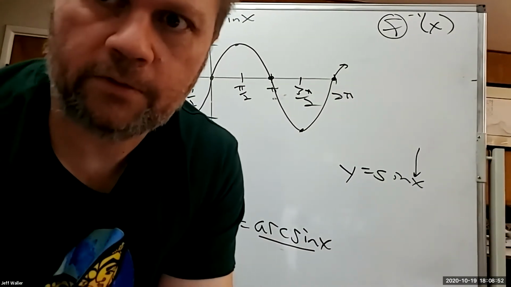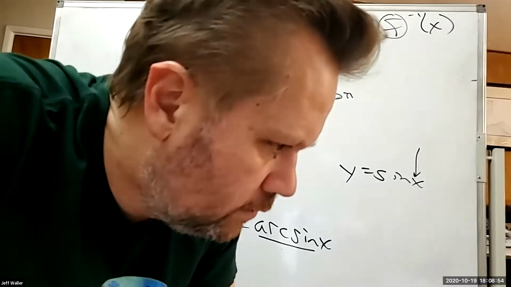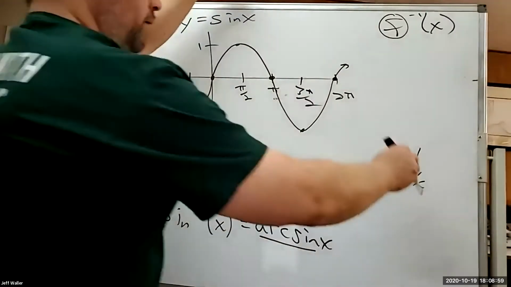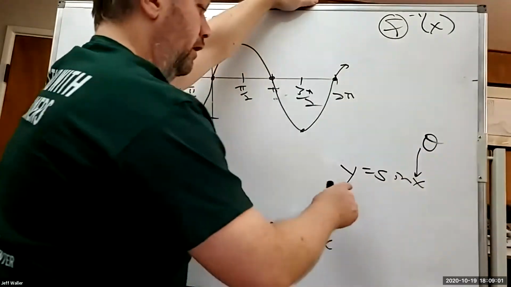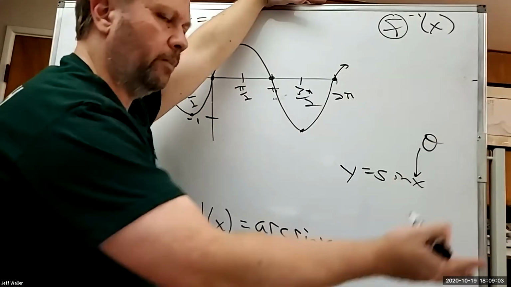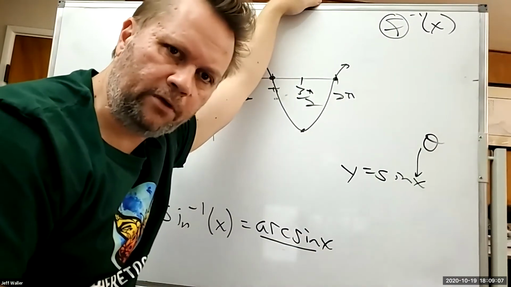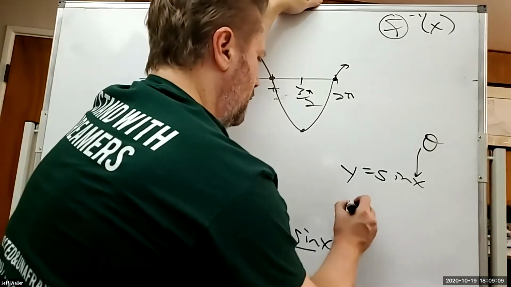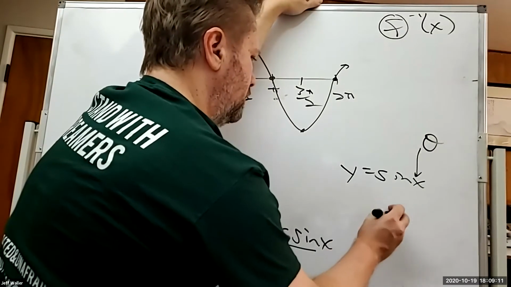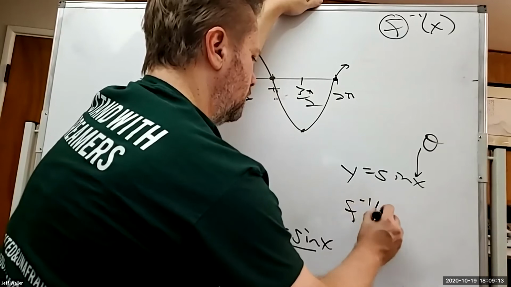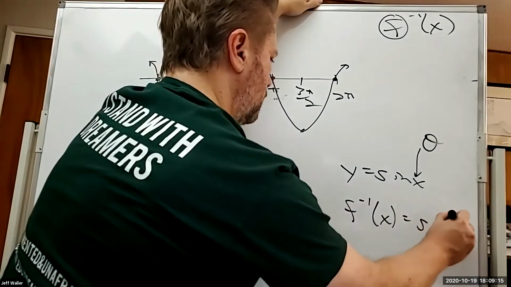Anybody? Geometrically, what's x? The angle. Yeah, good. So x is an angle, and y is some number that represents the ratios of the sides of the triangle. Is everybody with me? So what is the output to inverse sine going to be?